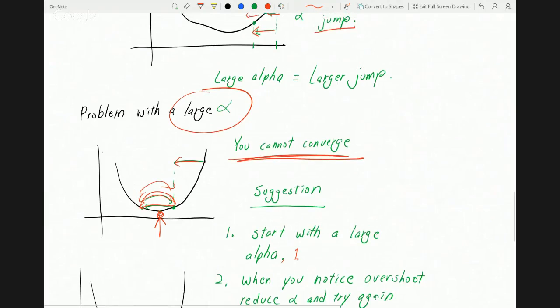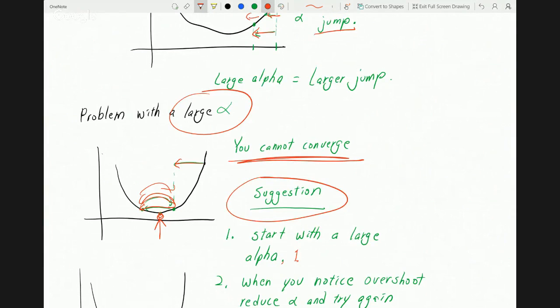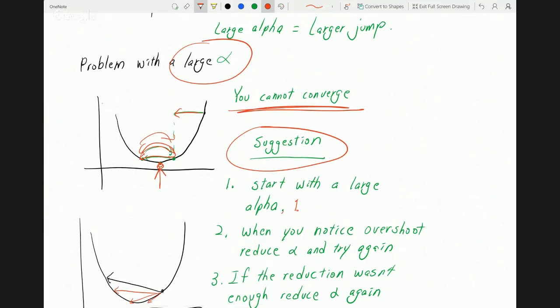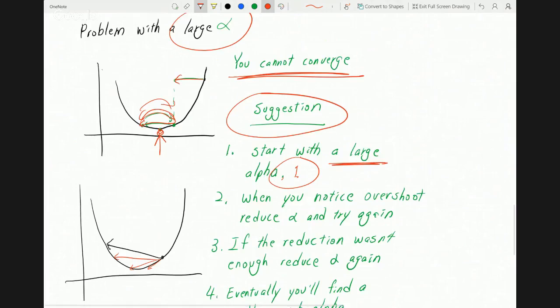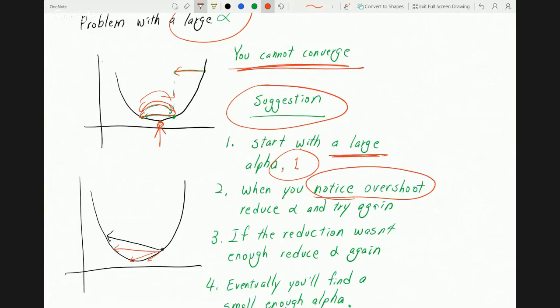So my suggestion, there are many ways to get the alpha value, is that you start with a large alpha, maybe like a 1. And then as soon as you notice some kind of overshooting, that maybe it's getting worse, or it's in this back and forth situation, in your code, you can test for that.